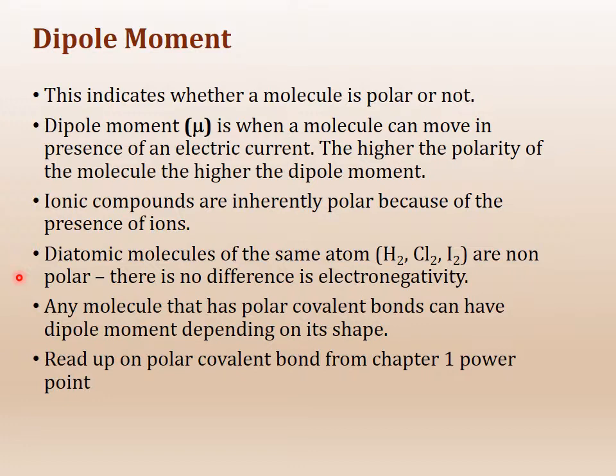For dipole moment, you really have to know electronegativity well, which we've done in chapter 1 already. So you should know what the trends are for electronegativity. And you will also have to remember some of the differences in the bond. For example, a polar covalent bond is because the electronegativity difference between the two atoms is more than 0.5.